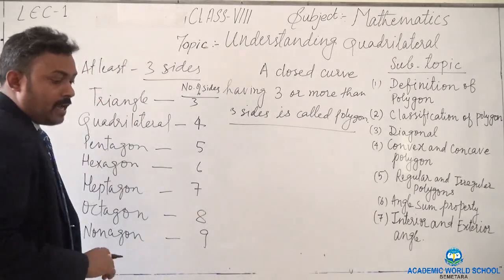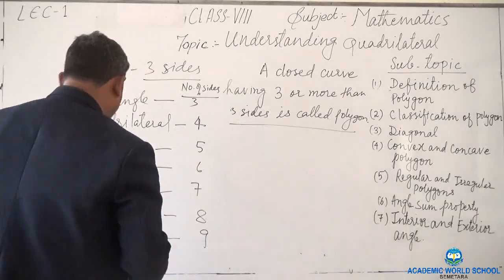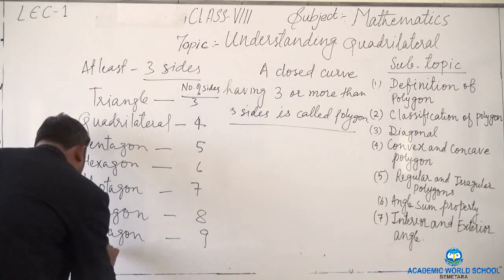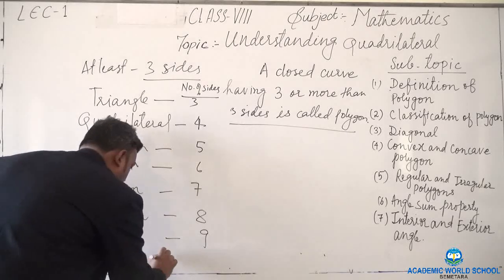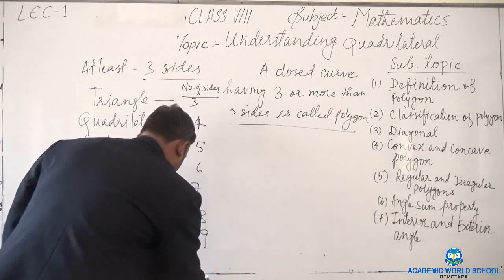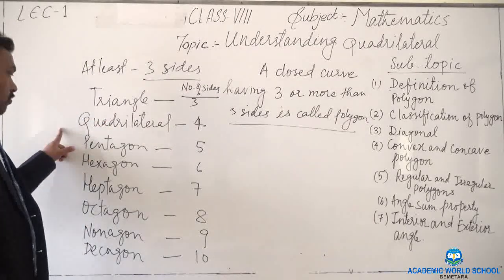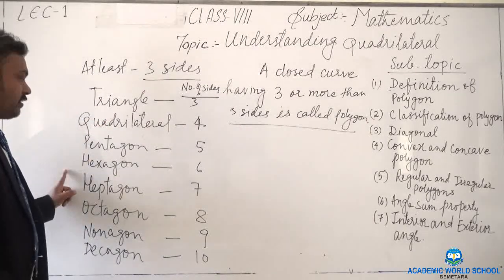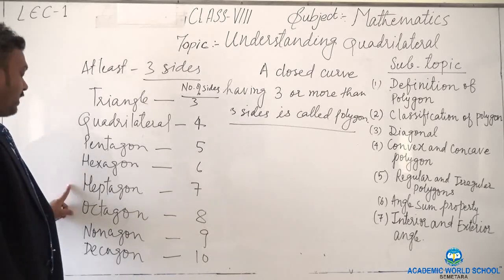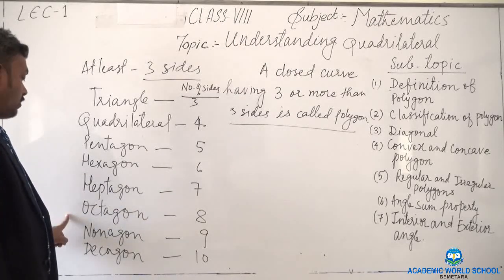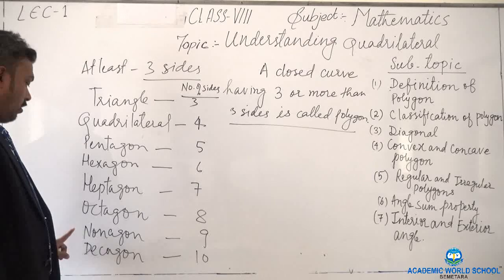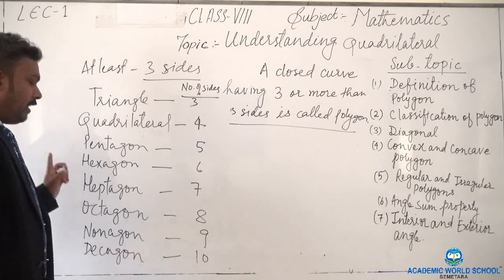And if it has 10 sides, it is a decagon. Now, 3 sides triangle, 4 sides quadrilateral, 5 sides pentagon, 6 sides hexagon, 7 sides heptagon, 8 sides octagon, 9 sides nonagon, and 10 sides decagon.